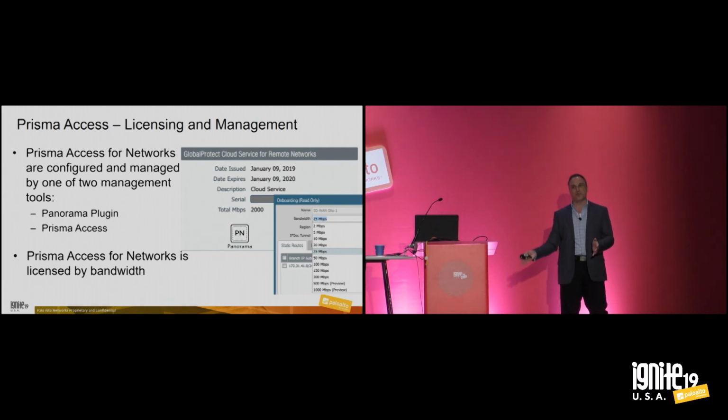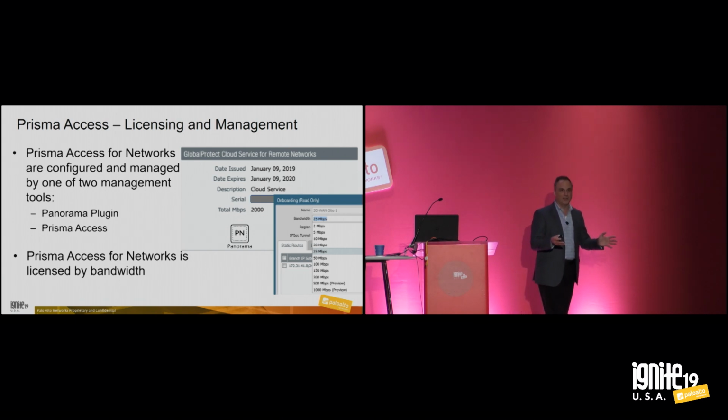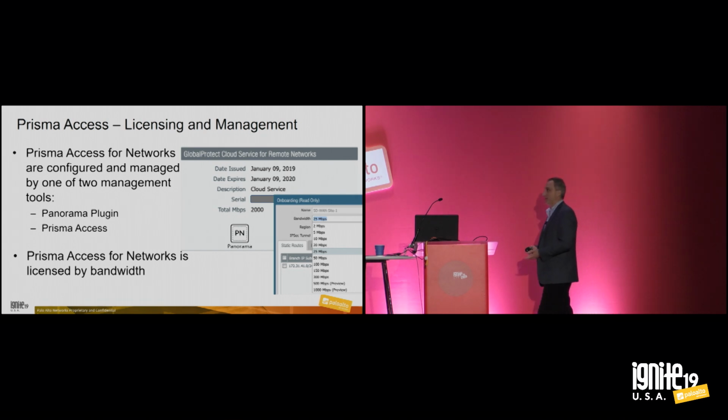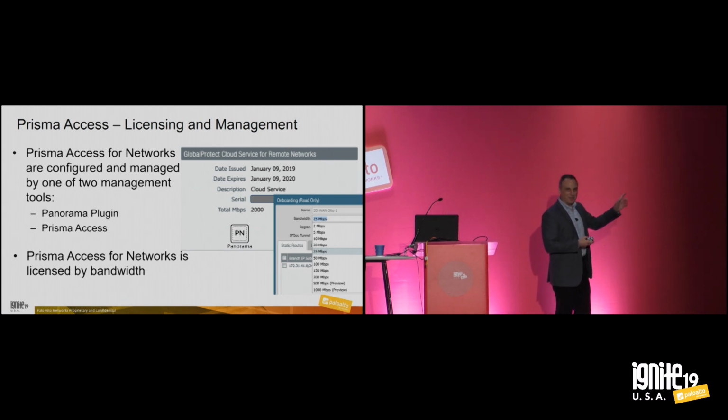I'm not talking about QoS, I'm not limiting it. As an example of this, of how you go about doing this, if you've got a branch that has 100 megabit up and 100 down, right, just static, it's 100, 100, that's very easy because we're going to license on what's coming to us, what's coming to Prisma Access. So I would associate 100. Okay, I'm associating 15 here, but let's just say 100.